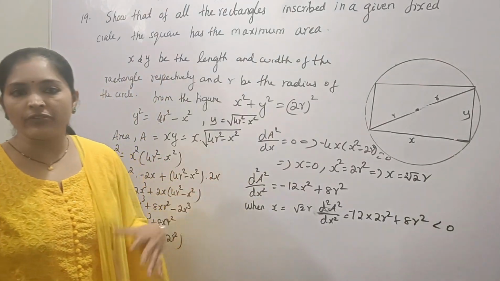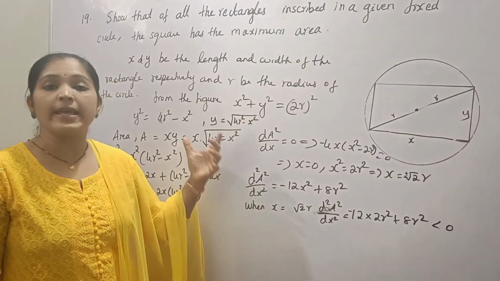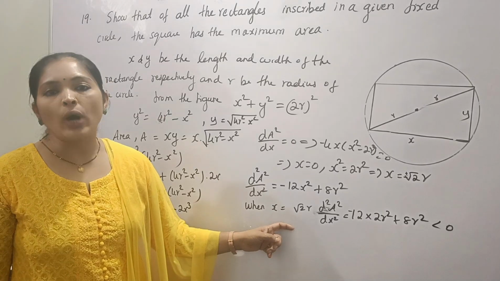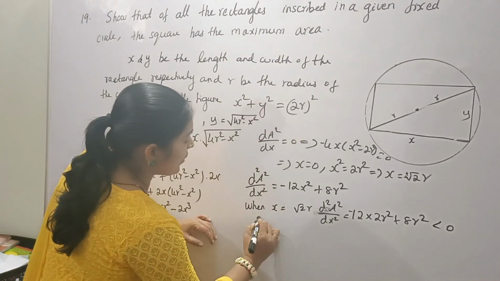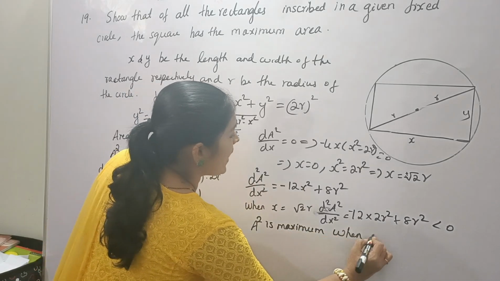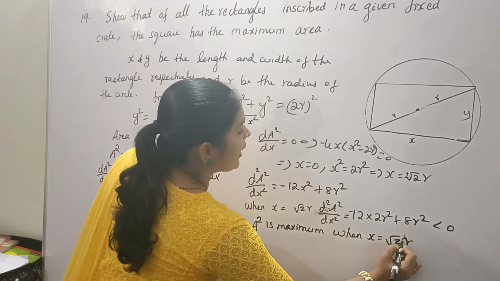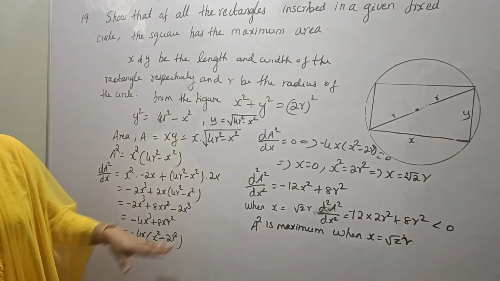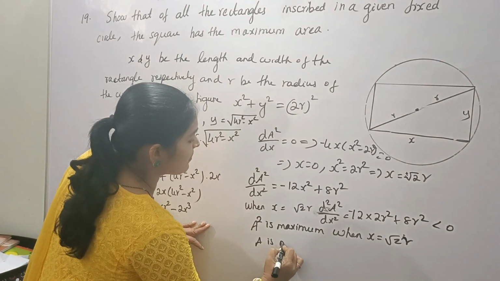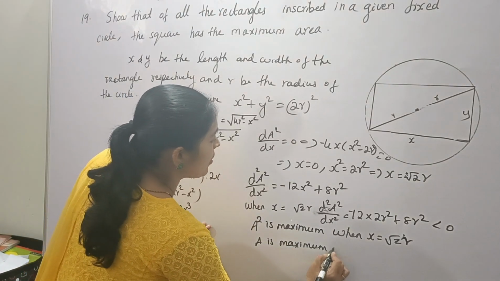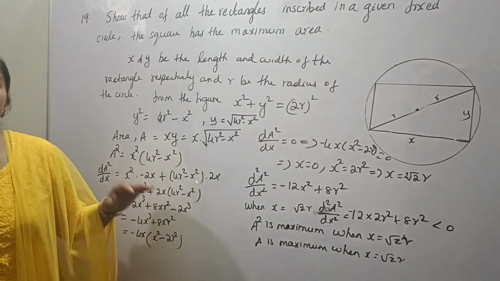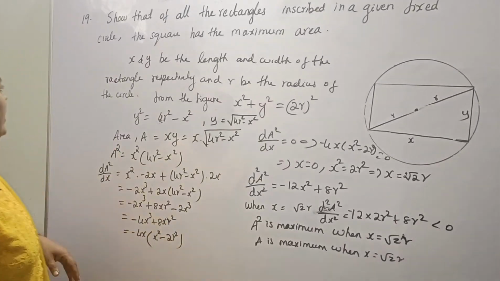So according to the second derivative test, we can say A square is maximum when x is equal to root 2 into r. Then if A square is maximum, then A is maximum. So A is maximum when x is equal to root 2r. So x is equal to root 2 into r, then what is y? We have to find y.